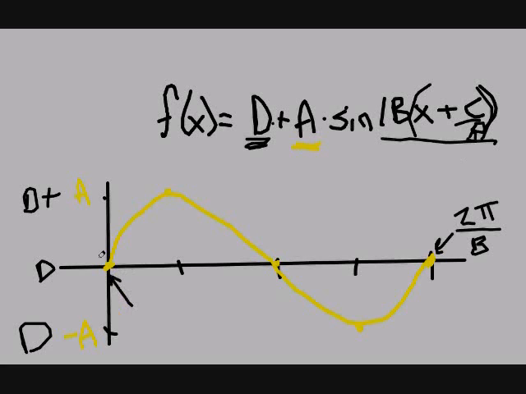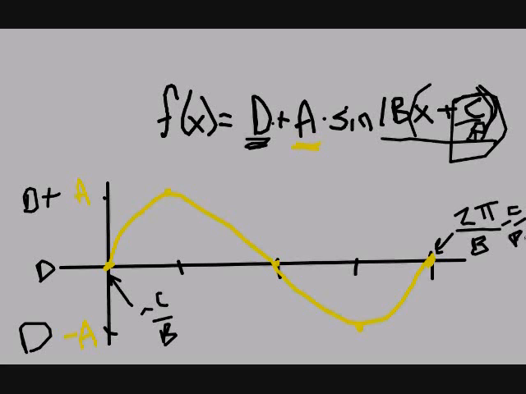C over b. But again, we're shifting the coordinate system to the right, effectively moving the function to the left. So this is going to be negative c over b. So what you get over here is this is 2 pi over b minus c over b. Okay? And then you can figure out the ones in the middle.